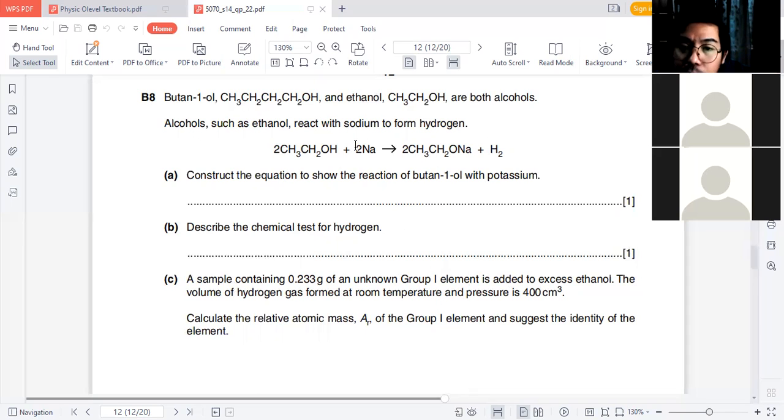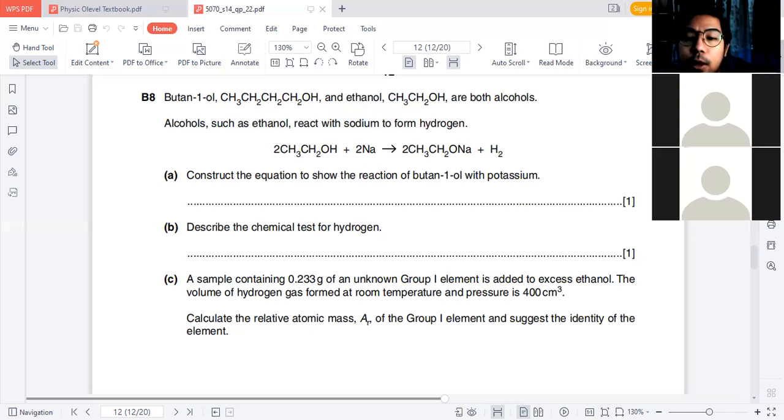So the equation would be 2X to 1 H2, the mole ratio is 2 to 1. So in this case, find that mole using the mole ratio. Again, 400, I change that to dm cubed first, divide by 1000, then divide by 24, which gives 0.01666. Then I use the mole ratio, 1 to 2.